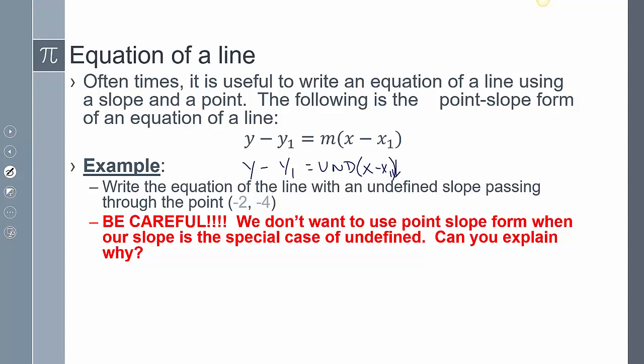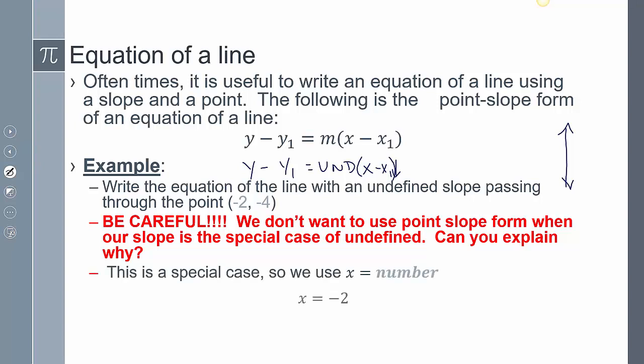So we have to tackle it a different way, and we have to remember that an undefined slope is a vertical line. And so that is an equation that represents x. If you guys remember that special case, we would say x equals a number. So whatever the value for x is in this instance is going to be x equals negative 2.